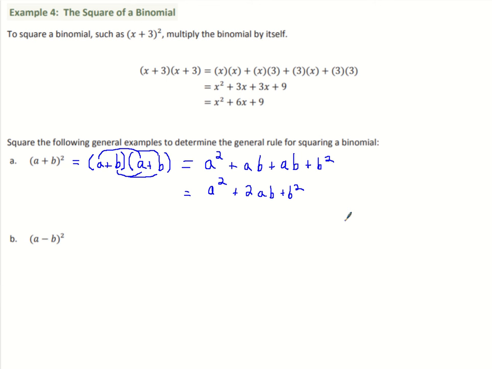Now, what does this mean? Why is this important? Well, let's sort of take what we have here and let's compare it to what we had up here. I had x plus 3, x plus 3. And I wound up with x squared plus 6x plus 9. Okay? So my x is my a in this case.